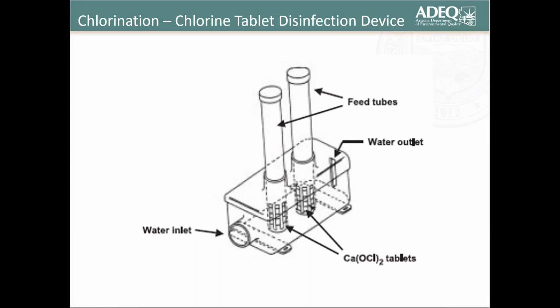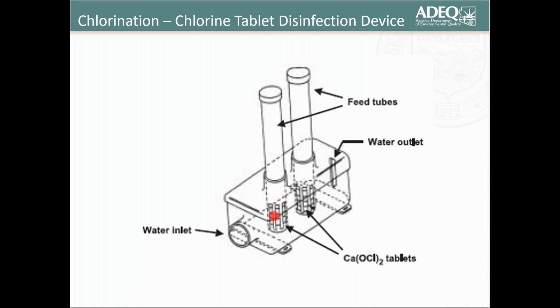Now, let's look at the actual chlorine tablet disinfection device itself. And what I'm showing here is a nice little diagram of a double stack chlorinator. So look at this. We see the effluent comes in here, it traverses through, makes contact with our little tablets right here.